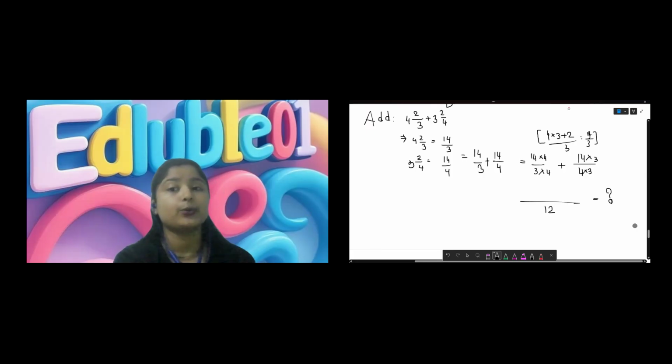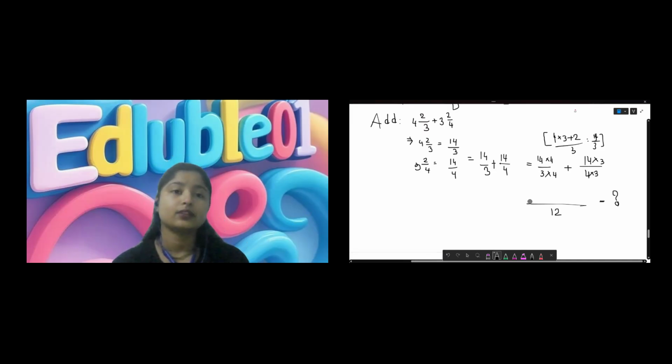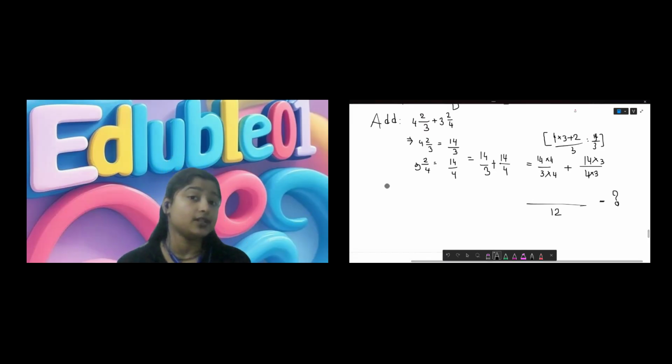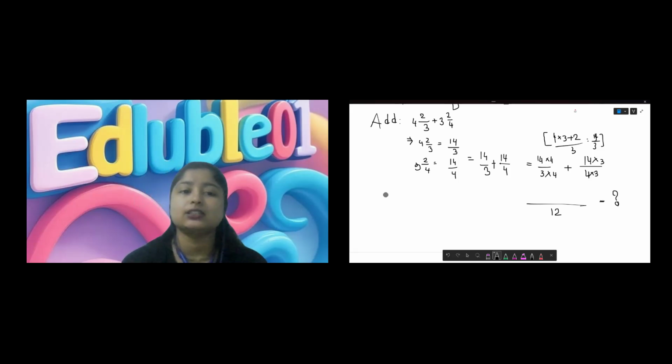Now, there is another way to solve this question: you can simply add the whole numbers and add the fractions. That means 4 2 over 3 plus 3 2 over 4, right?